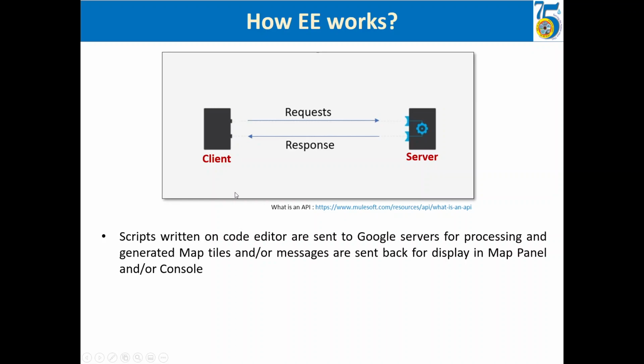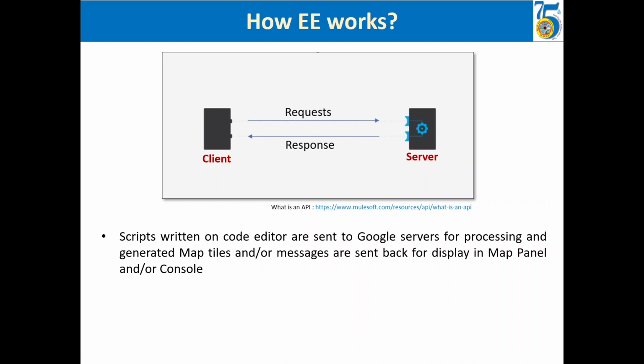There is no need for downloading the data and processing it. All the requests are sent to the server using Earth Engine objects and methods, and then the process takes place on the server and the response is again displayed on the client. Scripts written in the code editor are sent to the Google servers for processing, and generated map tiles and messages are sent back for display in the map panel and our console tab, which we have seen in the code editor.